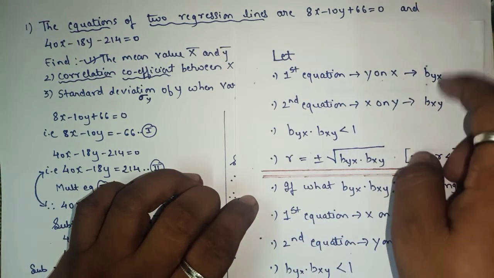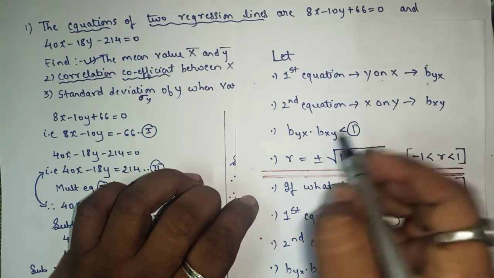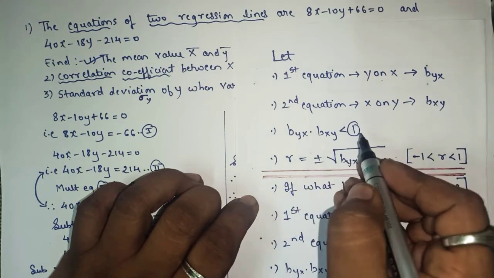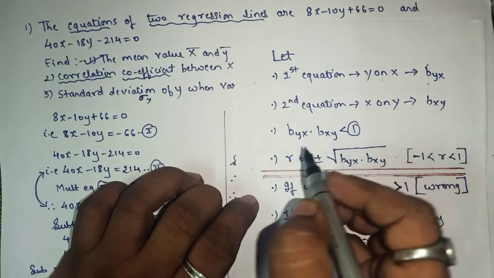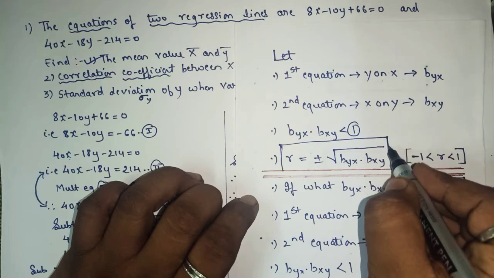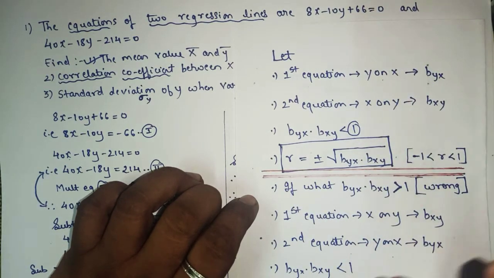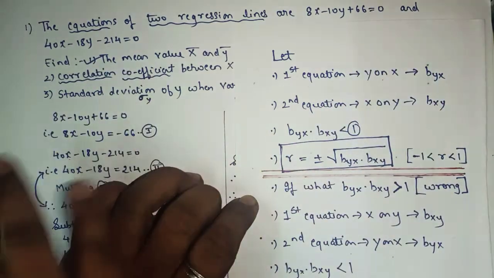The product of these two numbers should be less than 1. If the product is less than 1, then only we can find the value of r by using this formula. So this fourth step you have to follow to get the value of r.